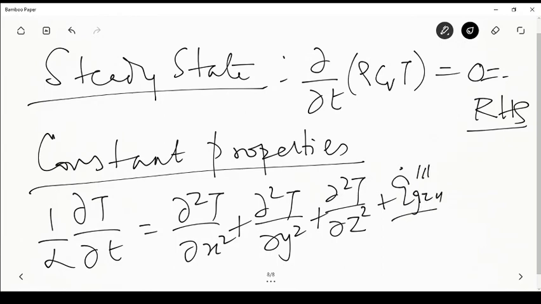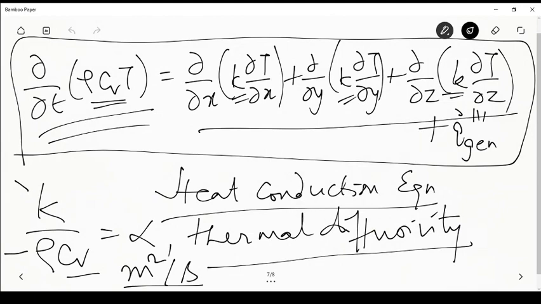So this is one simplification of the equation that can be done. You can already see this equation looks a lot more compact than, for example, this one, and that is because we have taken the properties to be constant.